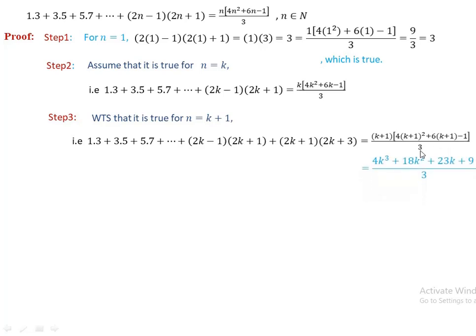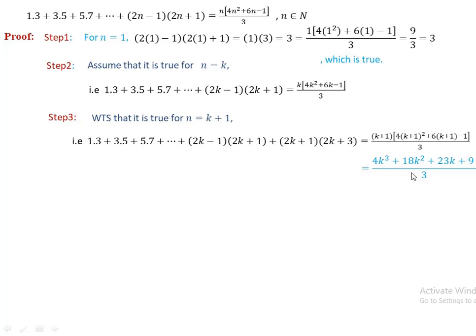Now, this equation can be simplified as (4k cubed plus 18k squared plus 23k plus 9) over 3. That means (k plus 1) times (4 times (k plus 1) squared plus 6 times (k plus 1) minus 1), all over 3, is the same as, by simplifying, (4k cubed plus 18k squared plus 23k plus 9) over 3.